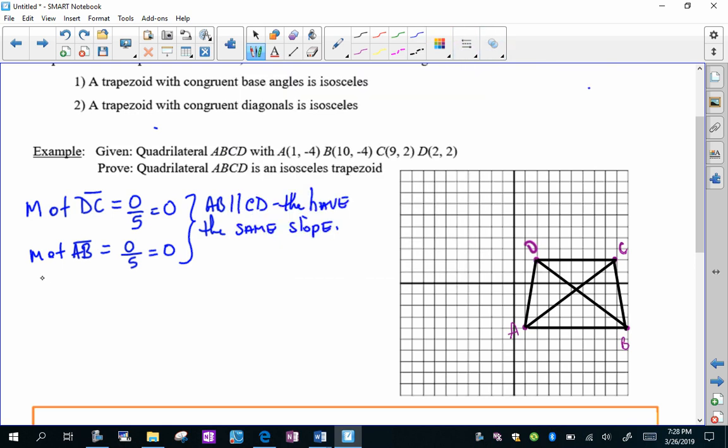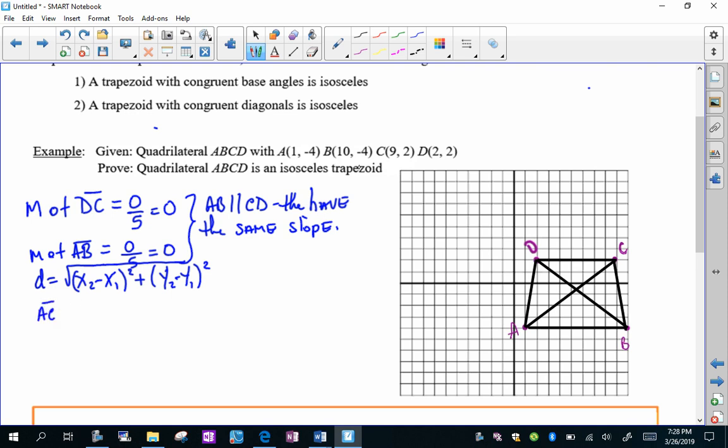My distance formula equals the square root of parentheses x sub 2 minus x sub 1, squared, plus parentheses y sub 2 minus y sub 1, squared. Okay, so I'm looking for AC and DB. So AC.